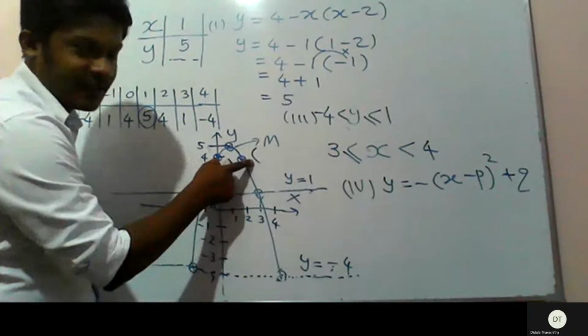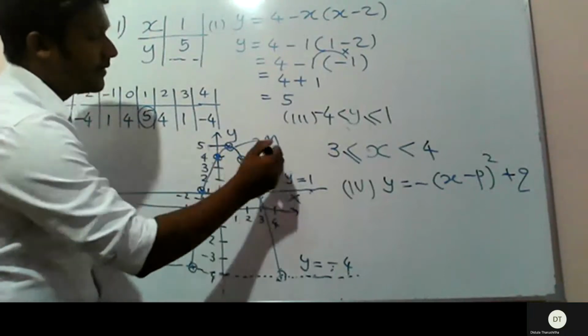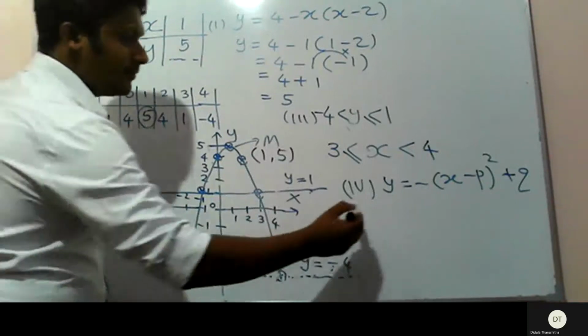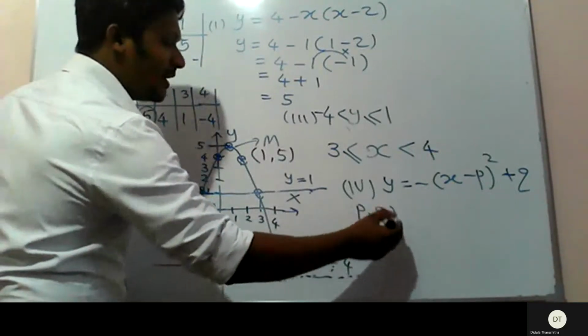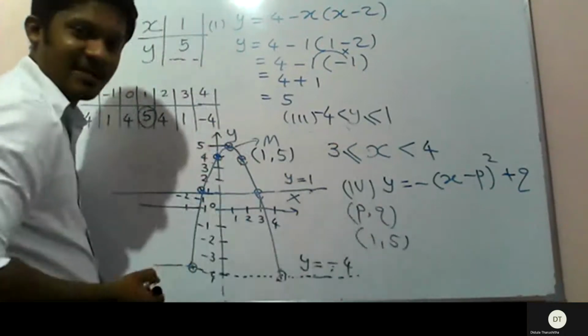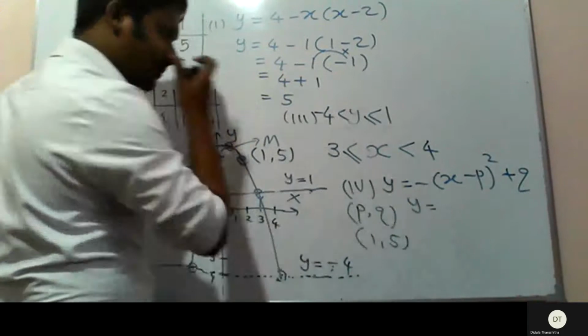We know the x coordinate of the turning point is 1. Y coordinate is 5. So the p, q coordinates are 1 comma 5. Then we write the function like that.